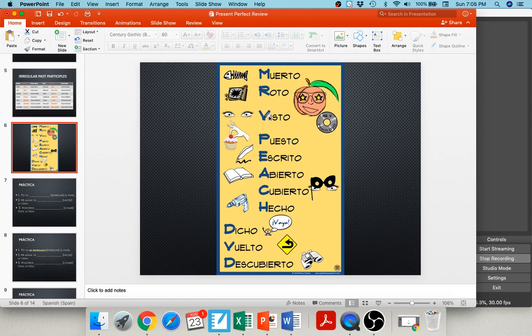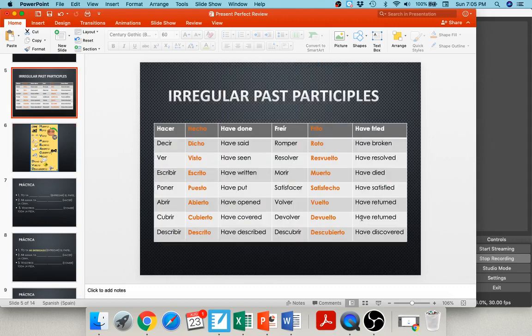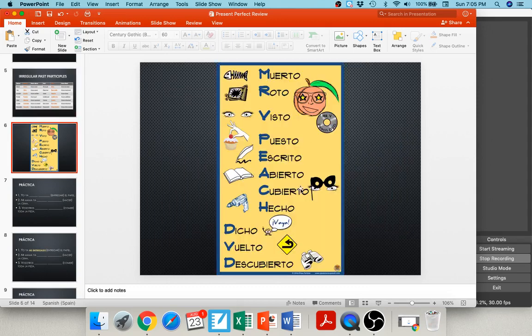The V represents ver, or visto. Then you have peach: puesto, escrito, abierto, cubierto, hecho. And DVD: dicho, vuelto, descubierto. These are several, not all, of the irregular past participles. So hopefully that helps a little bit.